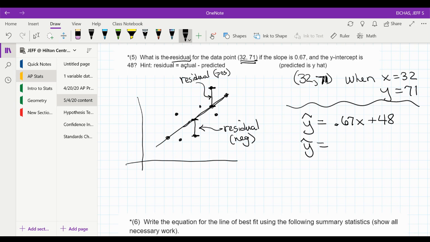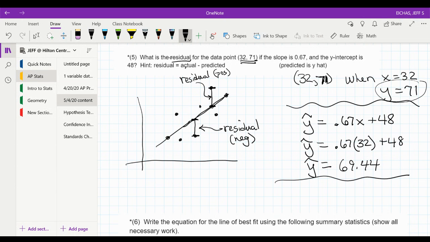We can calculate y hat by plugging in our value of x, and in this case, we would get y hat to be 69.44. Now, that's not what actually happened. What actually happened was 71. So there was a small difference from the line. The data point was above the line, so we should get a positive residual.